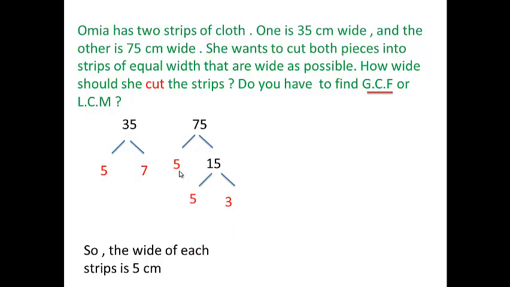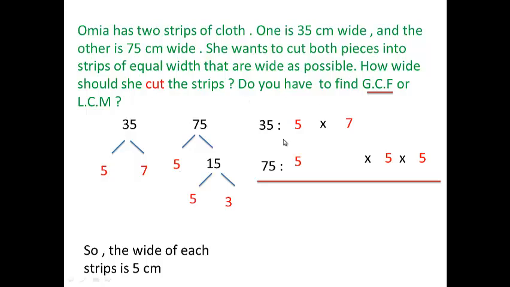Now we will write again 35 and 75 with their prime numbers that are in red color. 35, 5 times 7. 75, 5 by 5 by 3.